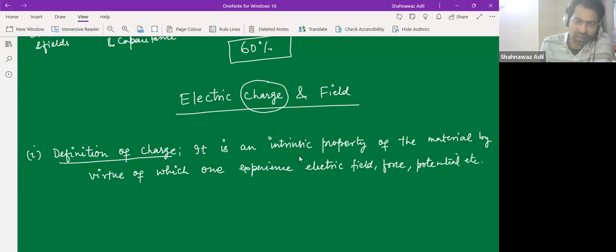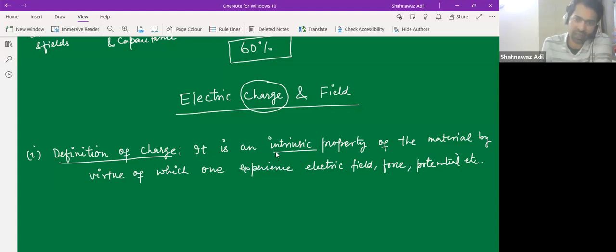So the important thing to note down here is that it is an intrinsic property. So it comes naturally with the material, right? Whatever the material is, it will always have some charge, whether it is zero, positive, or negative. So all of the material will have some charge.